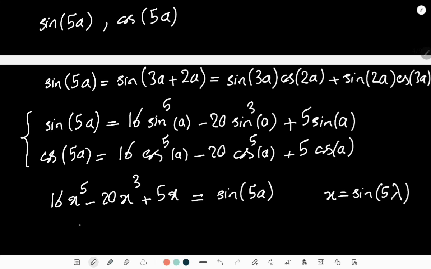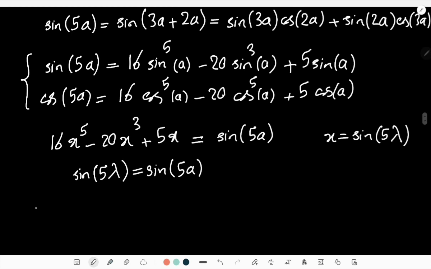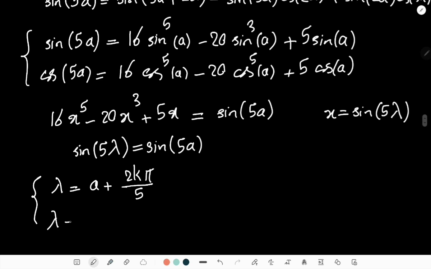Then I get basically sine of 5 lambda is equal to sine of 5a, and I can solve this equation again and find out that actually lambda is a plus 2k pi over 5, and another lambda will be, no, I think this is pi over 5 minus a plus 2k pi over 5, okay?